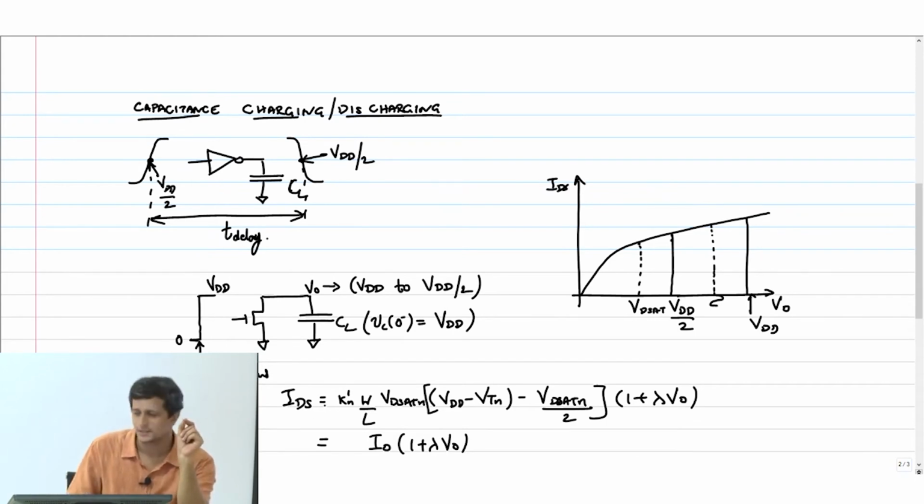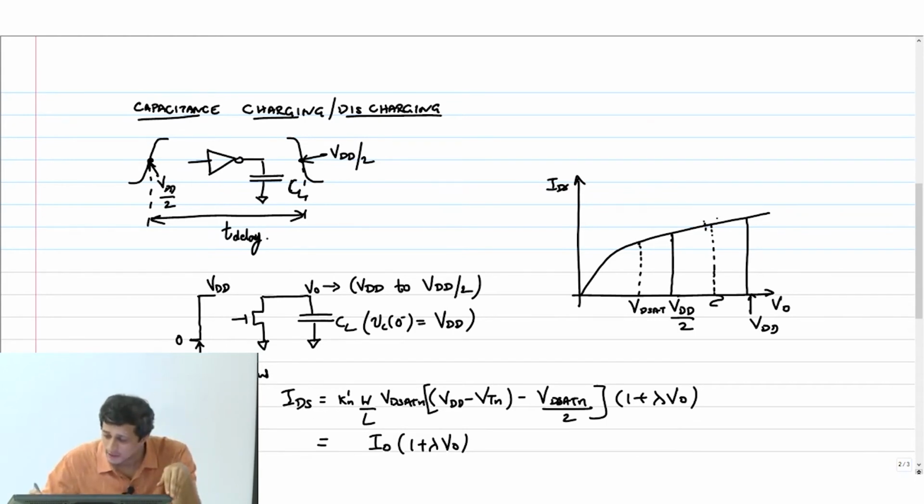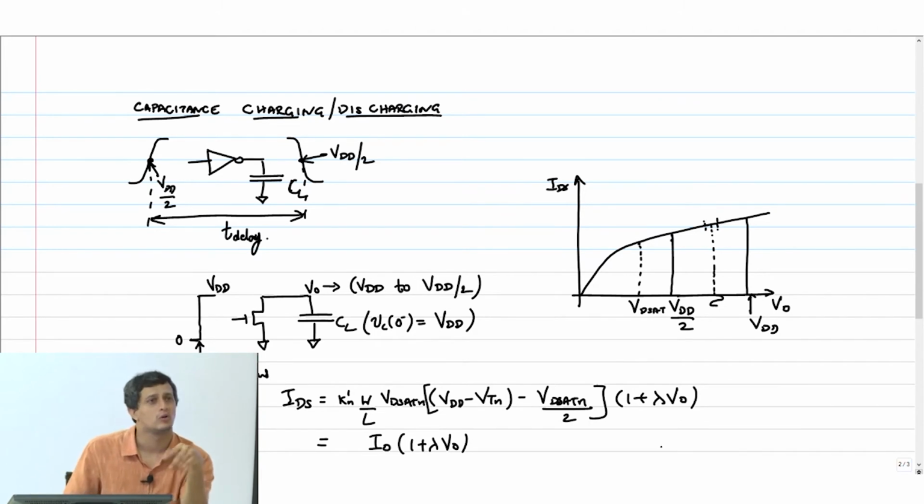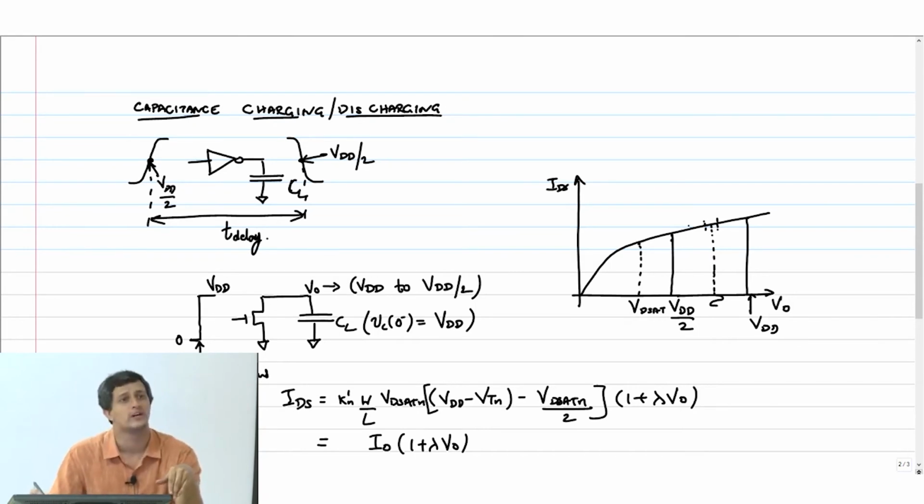So in some sense we have linearized this whole thing here. So when you do a Taylor series there, you got to take a derivative and then you expand it in terms of the input variables. But here I am actually discharging it from VDD to VDD by 2. It's such a large range, right? So I cannot do that small signal analysis of taking a derivative here. I have to find some other way of finding the resistance, average resistance now, which is a function of V naught, right?